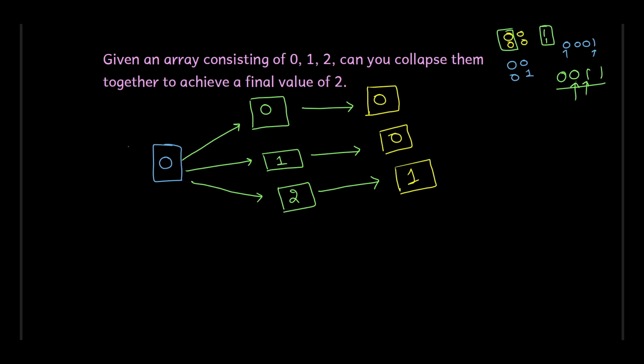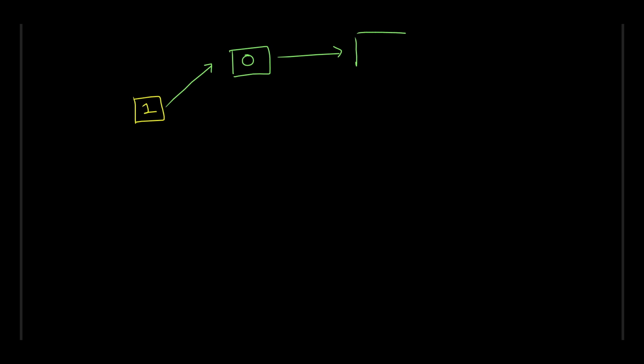Okay. Now what about the case of 1? What is the merging strategy for 1? When 1 merges with 0, this part we have already discussed in the previous slide. When 1 merges with 0, it produces 0. So we write down 0 over here. When 1 merges with 1, we have to talk about this case.